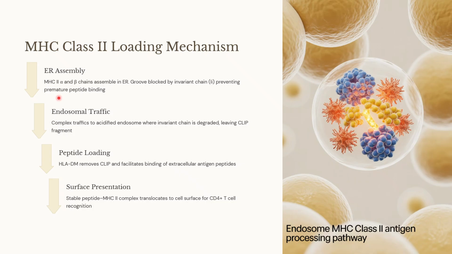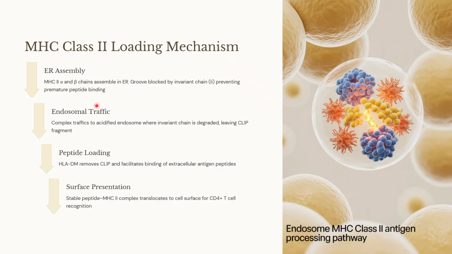After this, the MHC class 2 complex is trafficked to the acidified endosome where the invariant chain is degraded. So the area where the peptide has to be loaded is empty now, where we are leaving a clip fragment to it. Even now that area is closed with the clip fragment.